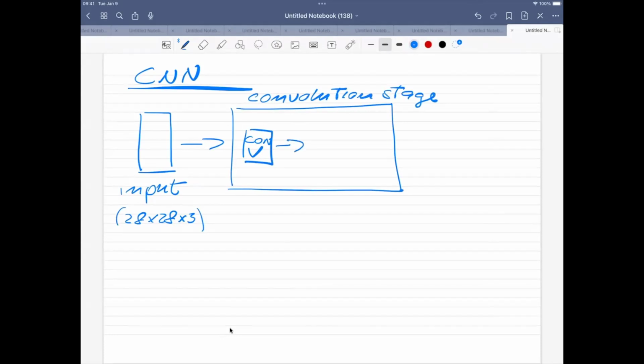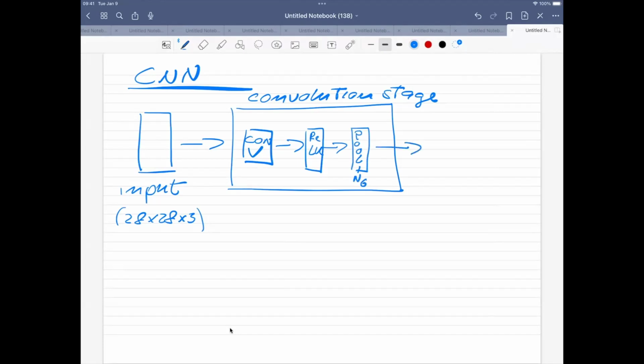That has an intermediate step, which is called a ReLU step. We often use the ReLU activation function to process the information which comes from the convolution stage. And then we have a pooling stage, which I'm coming back to here. So let's just write this as pooling.